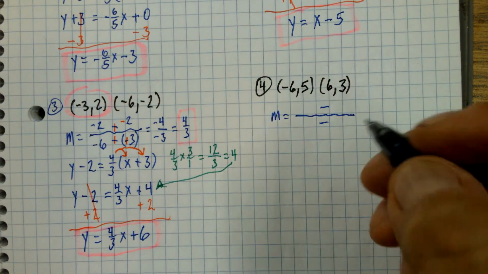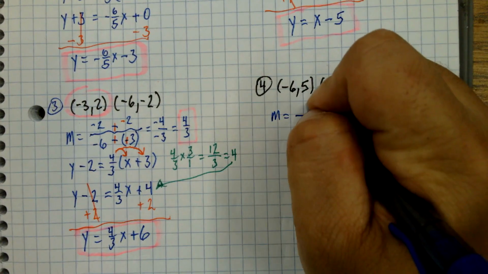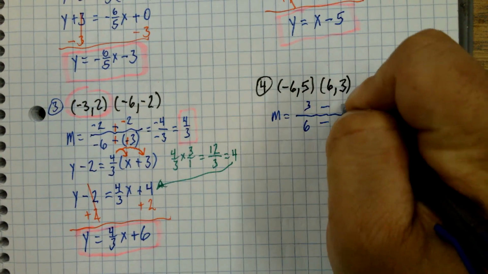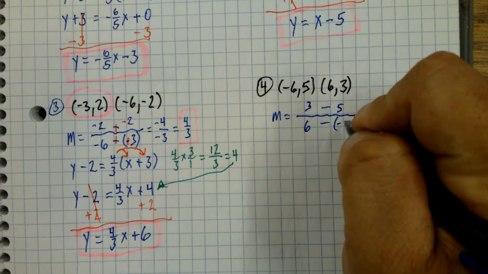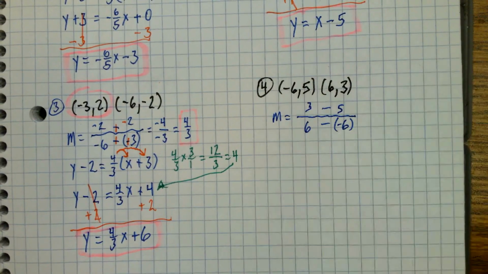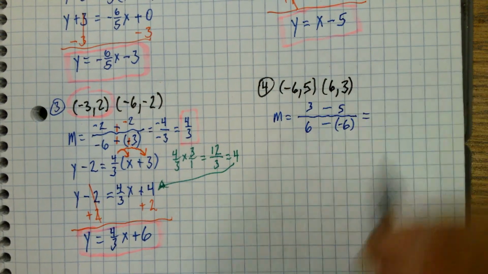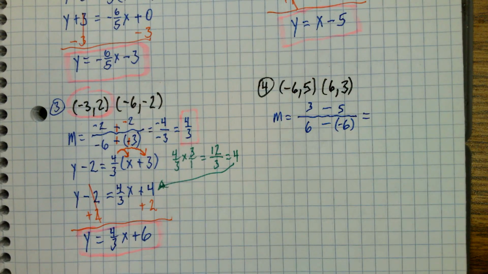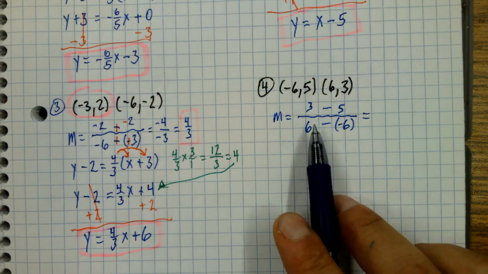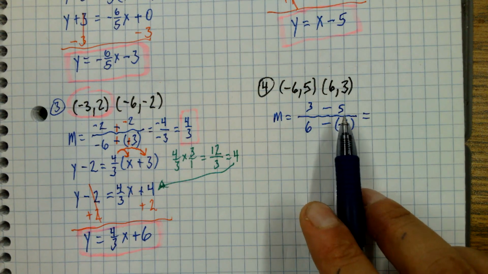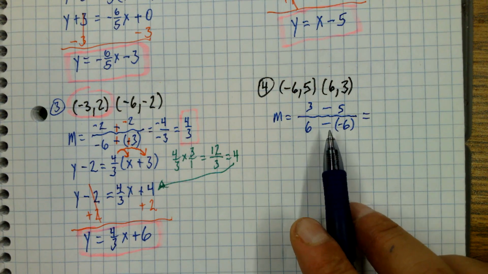Okay, so let's plot this in 3 and 6, 5 and -6. So there's our numbers. Let's do the subtraction. We have an option on the numerator. What's 3 take away 5?